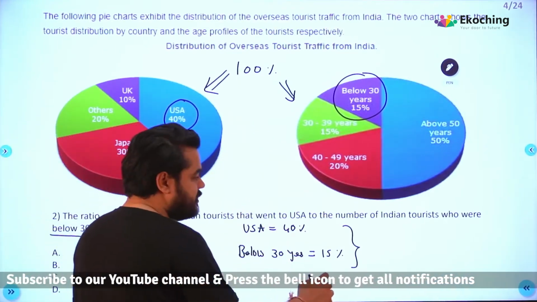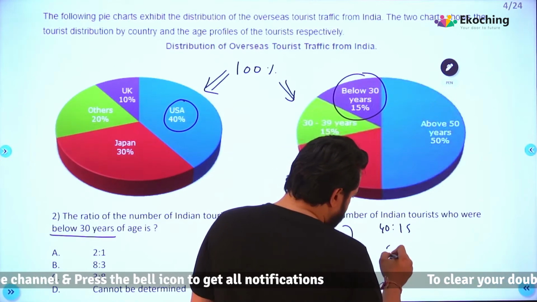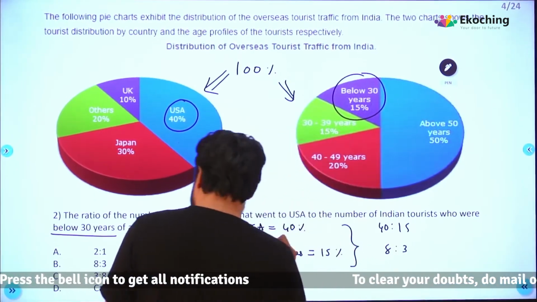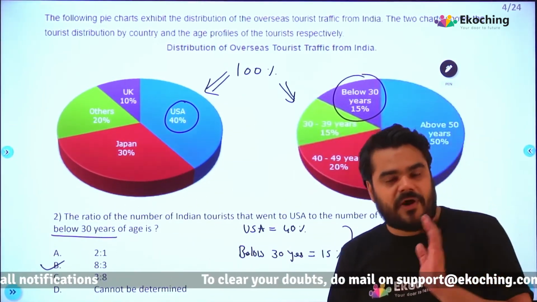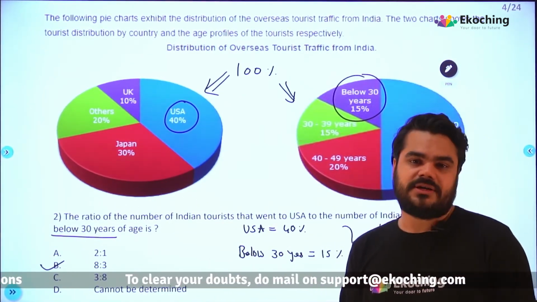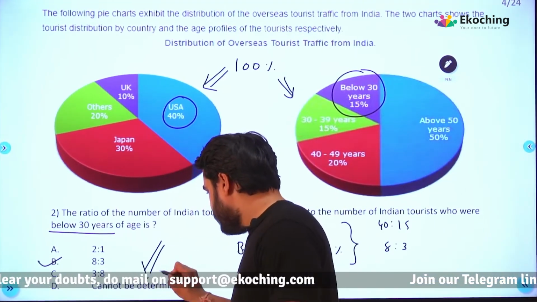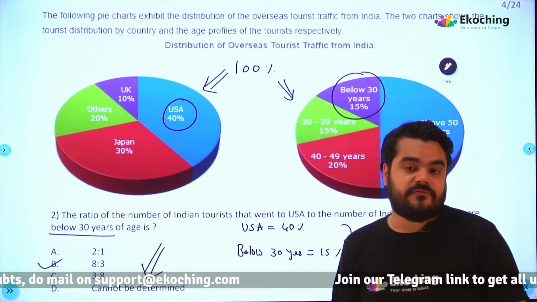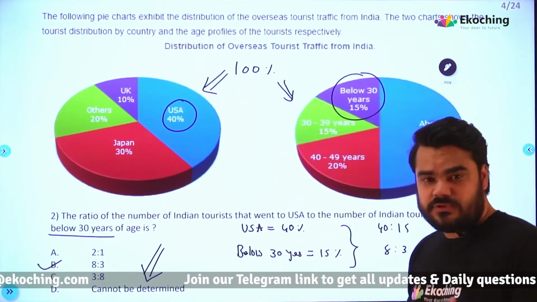So I can simply take the ratio here. 40:15, divided by 5, 8:3. So that is my correct answer. Option B, right? Why I categorized it in the easy to moderate category is because there is one option, cannot be determined, and that can create some self-doubt, that can create some panic. That is why. Right? So this was question 2.